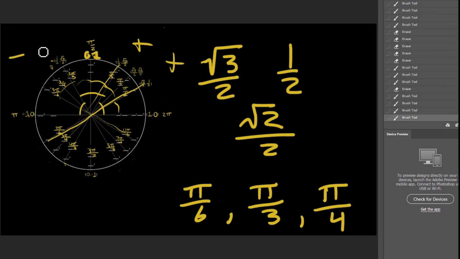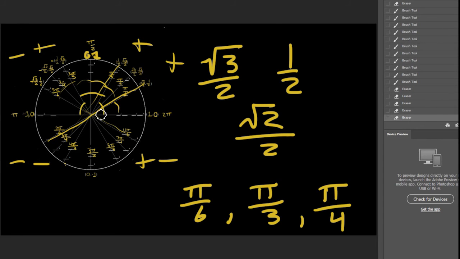It's like a coordinate grid, so this would be minus plus, this would be minus minus, this would be plus minus, all familiar stuff. It would be minus 1 half, root 3 over 2, minus root 2 over 2, and then root 2 over 2, and then the same stuff over here.